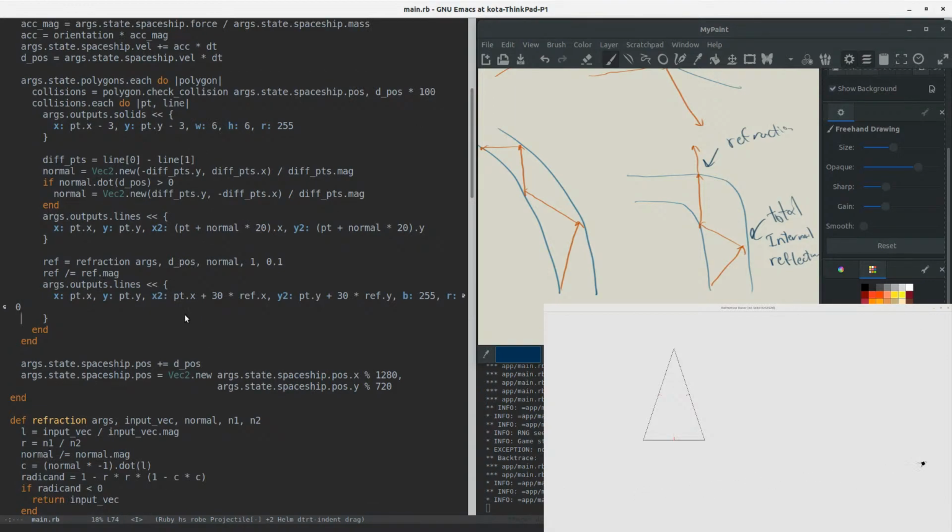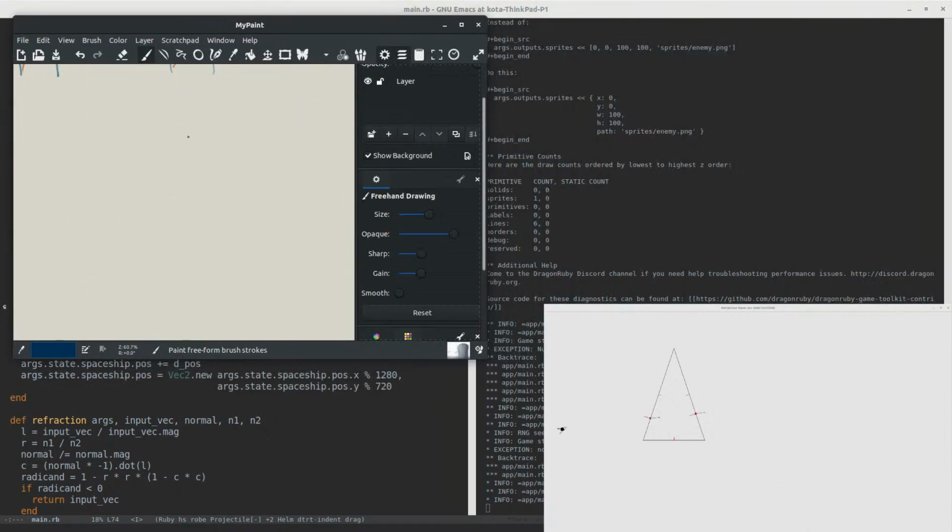But okay, so we have our refraction angle. No, for Breakout, actually, they do something pretty simple. All they take is the input angle, and this is just theta 1 equals theta 2, and that's all they're doing.